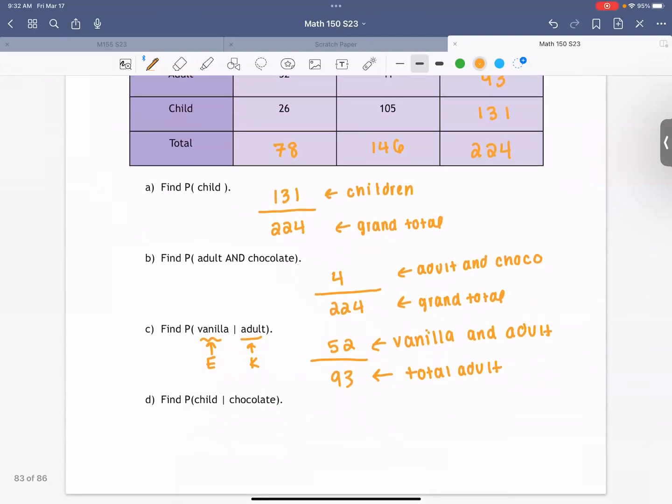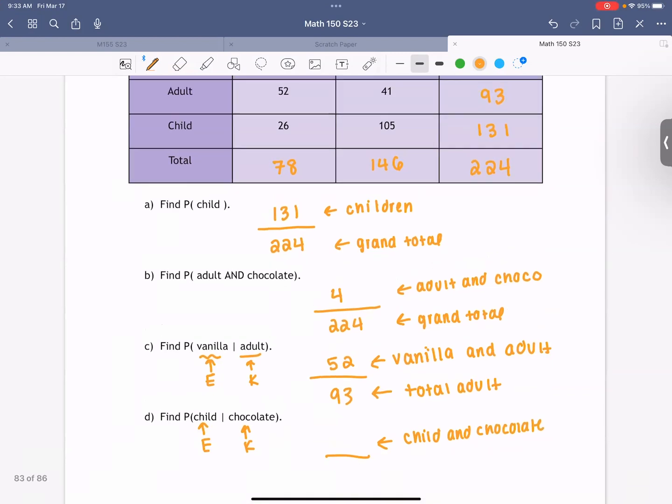Okay. Let's do part D. This one, I want to find the probability that we get a child, but we already know that the group of people that we're selecting from are people who like chocolate, right? So let's do this. On the top, we have the number of outcomes where they're both true, so child and chocolate.